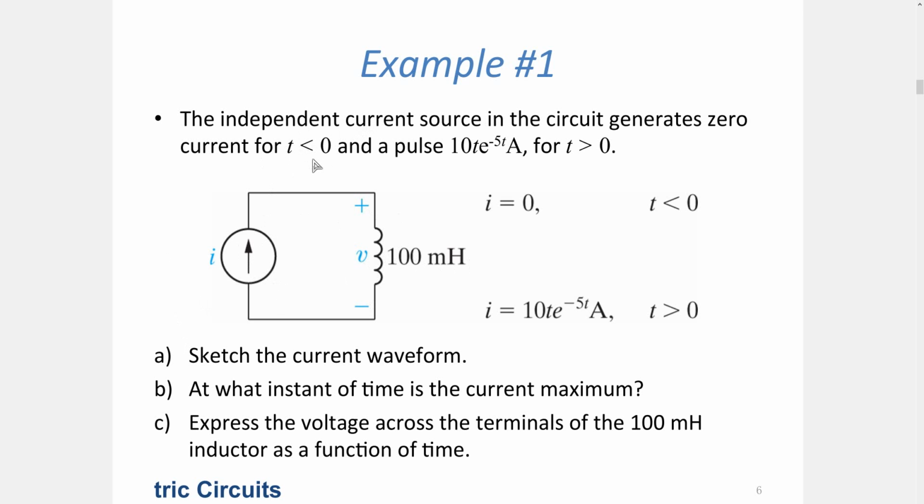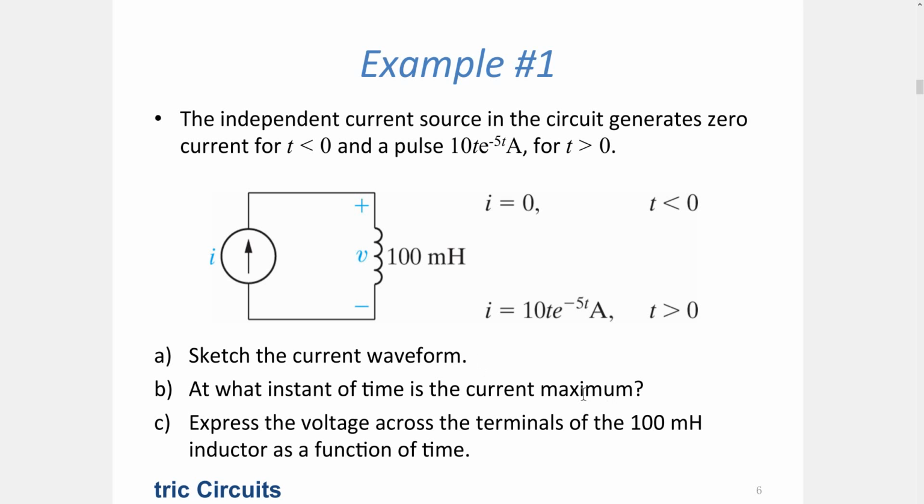And when the circuit is turned on at t equals 0, it creates a pulse of the form 10t times e to the minus 5t amps for t greater than 0. So this current is partially defined. When t is smaller than 0, we have i equals 0. And when t is greater than 0, we have i equals 10t times e to the minus 5t amps.